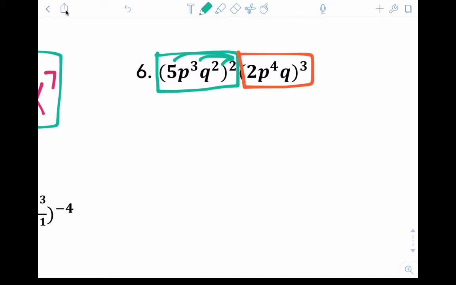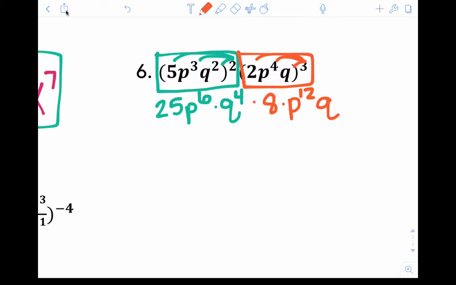So I have 5 squared, which is 25, p to the 6th because I'm multiplying, q to the 4th, and that's going to be multiplied by this second part, once again distributing that 3. 2 to the 3rd is 8. Then I have p to the 12th and q to the 3rd.